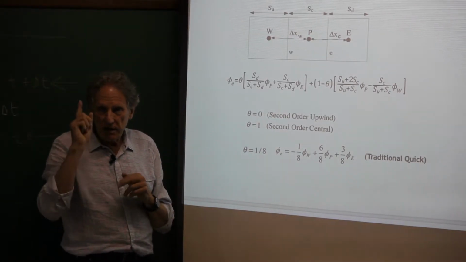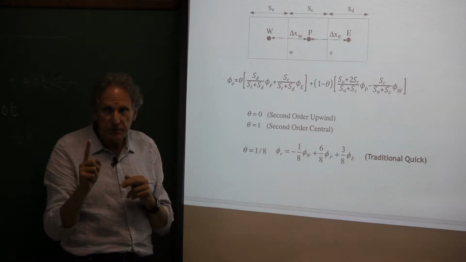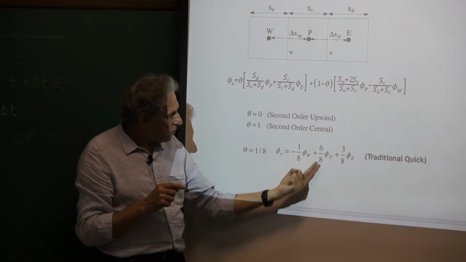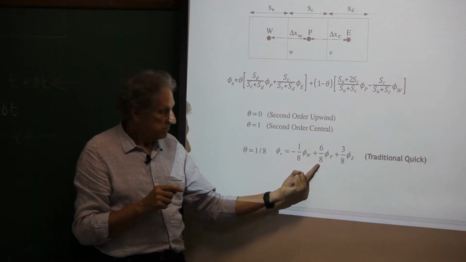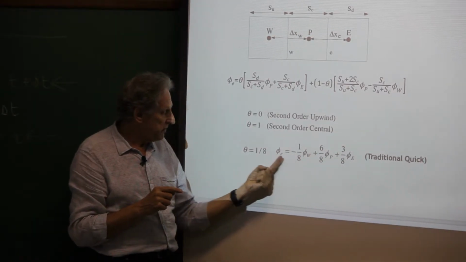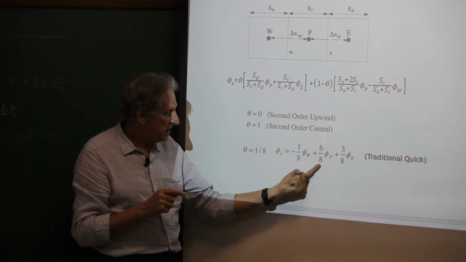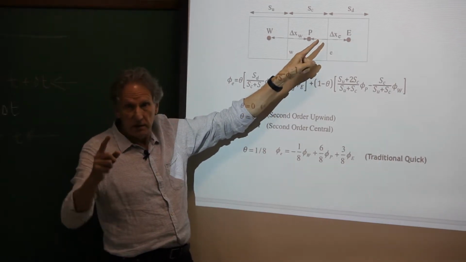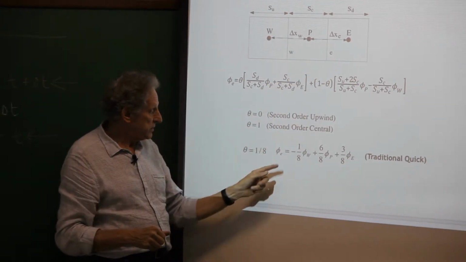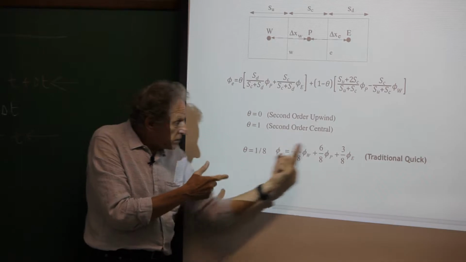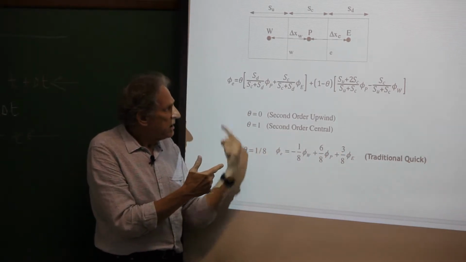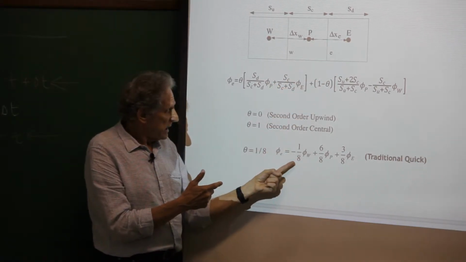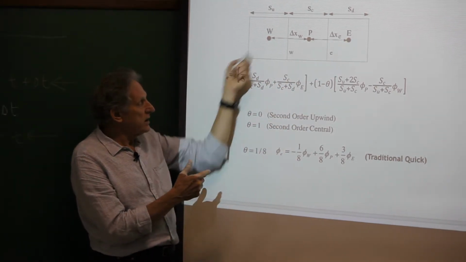When you have only upstream, this is 8/8. There's nothing here and nothing here. Phi e is equal to phi p if it's pure upstream. Okay? Normal upstream. Now when you are doing that, you're summing 3/8 of this value and minus 1/8 of this value.